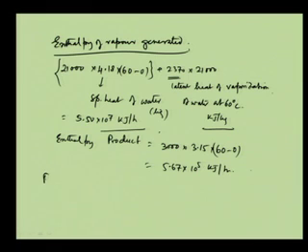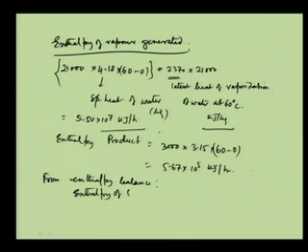So, from the energy balance or enthalpy balance, the enthalpy of steam is nearly equal to 5.1 into 10 to the power 7 kilojoule per hour.